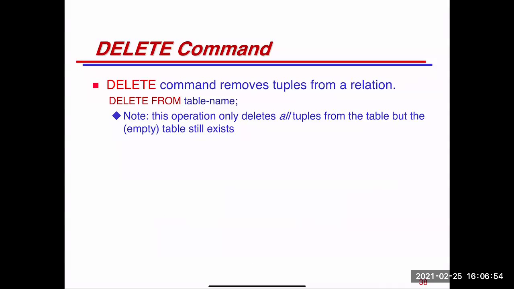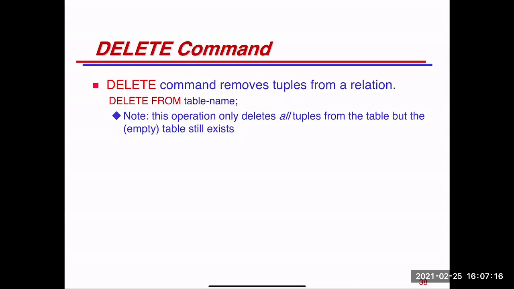The second command that we need to look at is the delete command. That removes tuples from a relation. And the syntax is very simple. You need to write delete from and then the table name. This operation will delete all the tuples from the table, but of course the table itself, meaning the specification of the table, still exists.